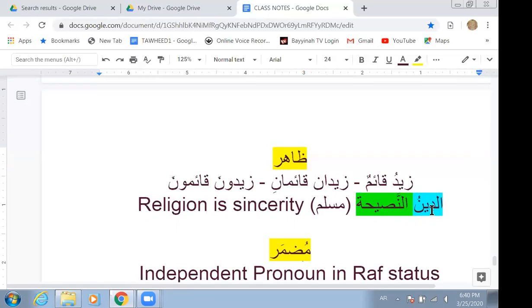And this example I have written: ad-dinu an-nasihatu. This is a hadith mubarakah. Ad-dinu is the mubtada, and an-nasihatu is the khabar, and it means religion is sincerity.